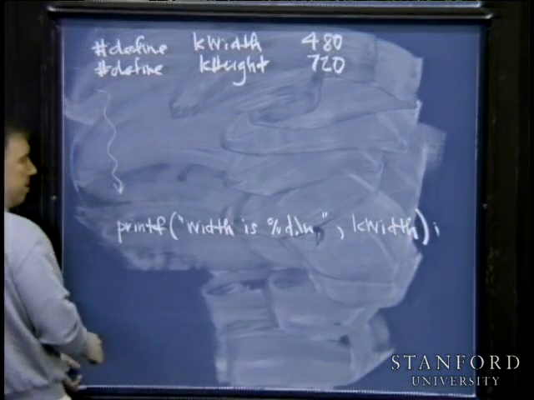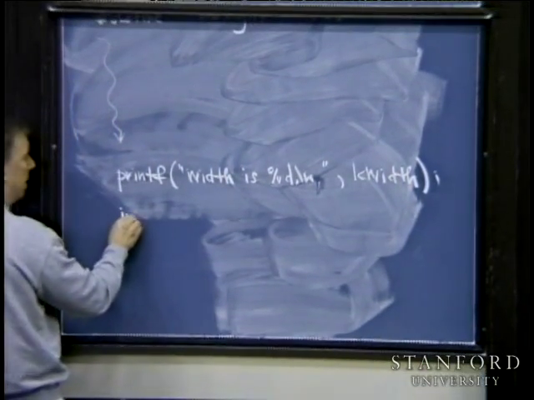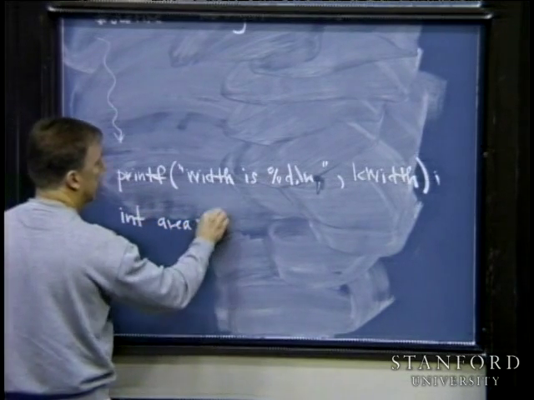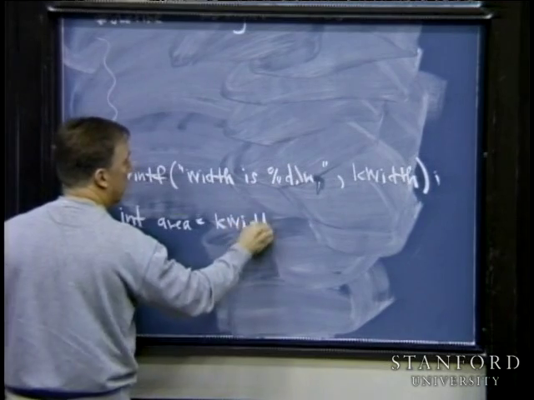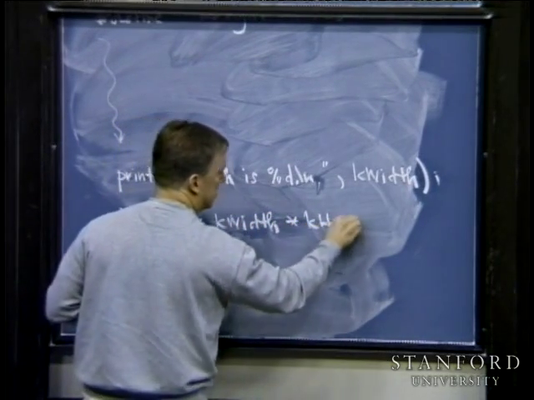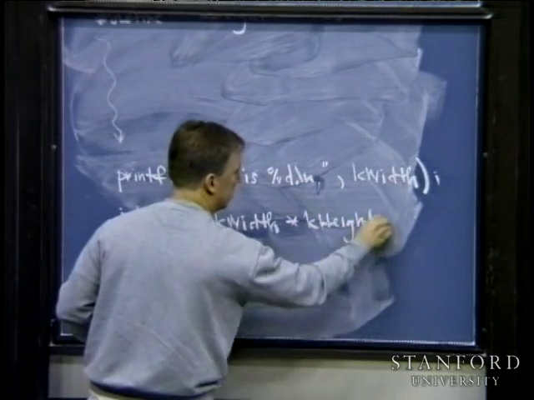Maybe a more meaningful thing might be something like int area = kWidth * kHeight. And it exists in your code somewhere.